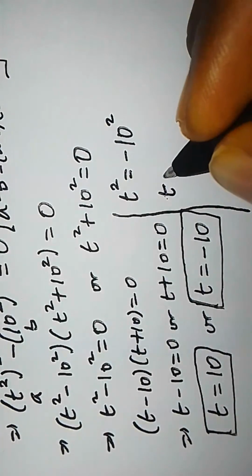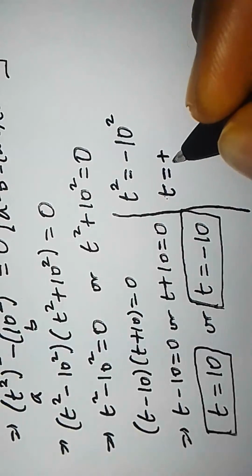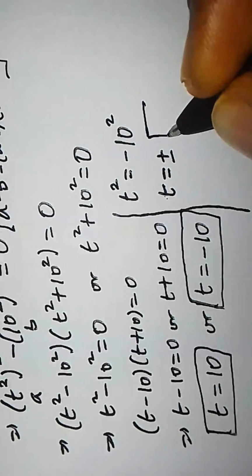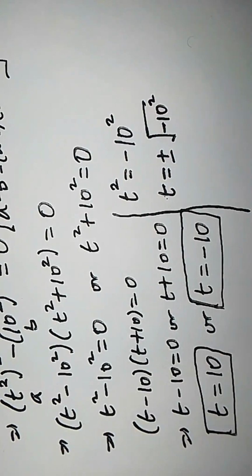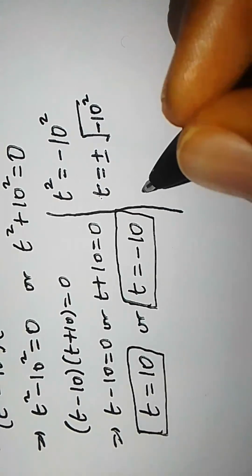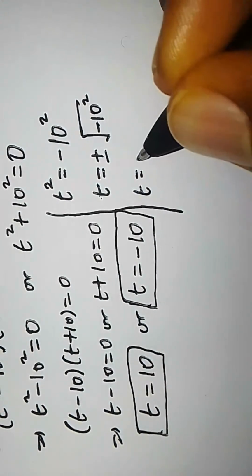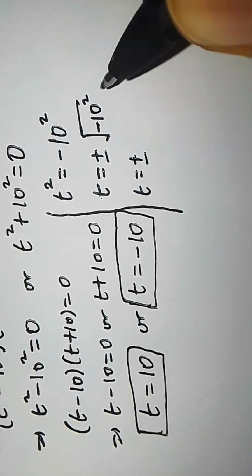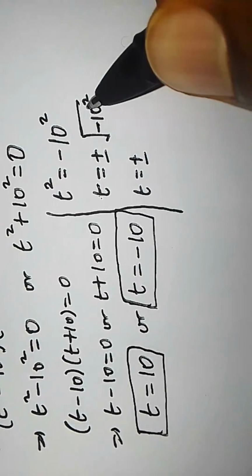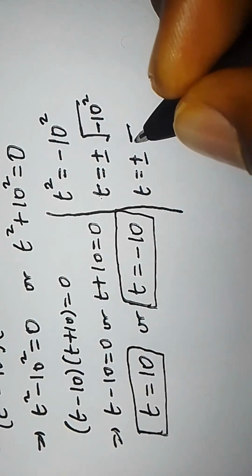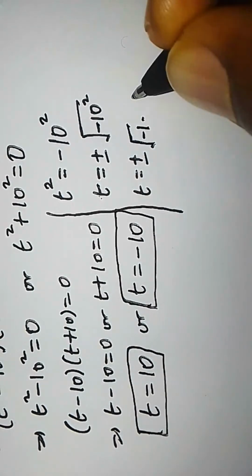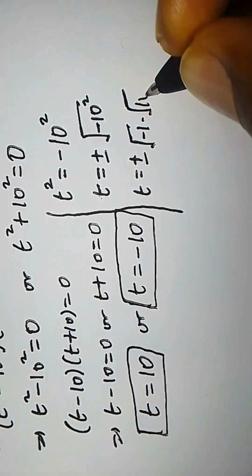So that will be t equal to plus or minus the square root of negative 10^2. I can rewrite the square root of minus 10^2 as the square root of negative 1 times the square root of 10^2.